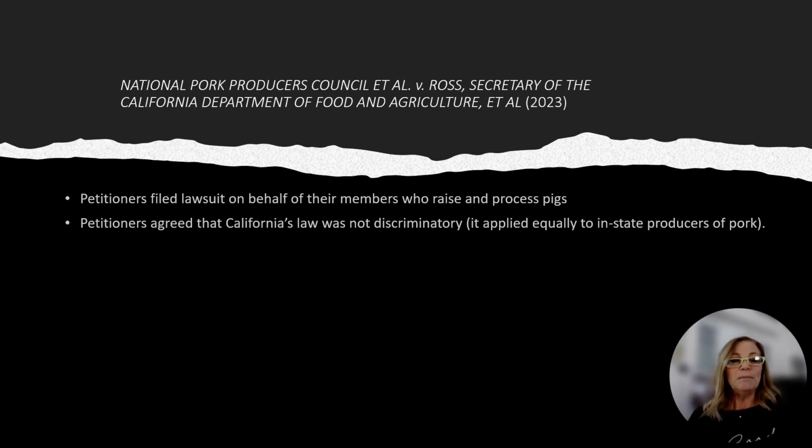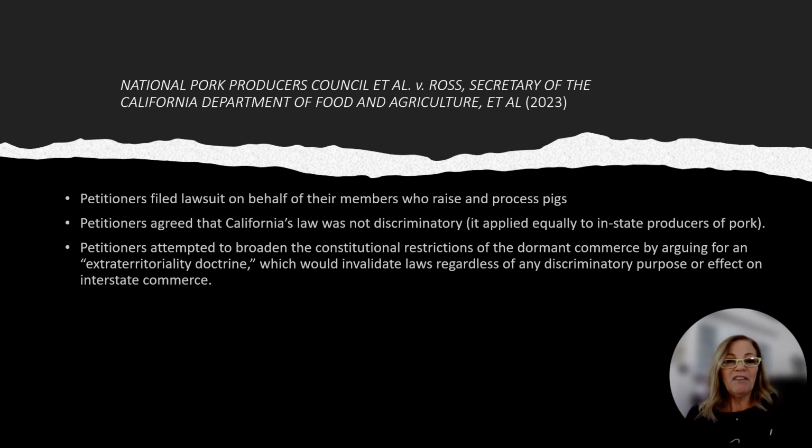But they wanted them to expand the reading of the Commerce Clause and say, well, what we should do is invalidate laws regardless of any discriminatory purpose or effect on interstate commerce if it burdens commerce. So we just want you, federal government, to say, states, you can't burden commerce in any way if you make regulations.